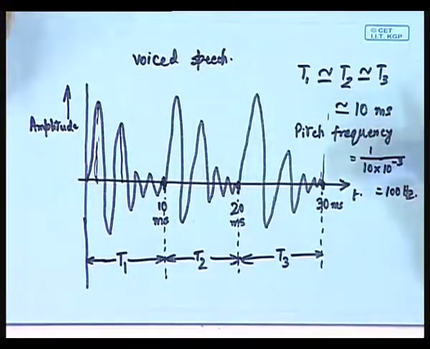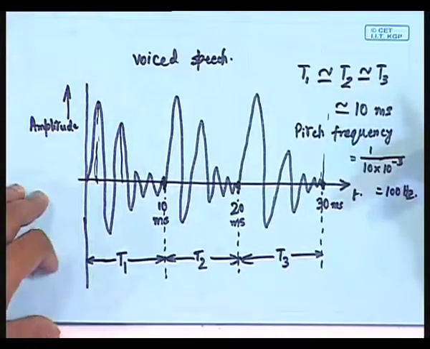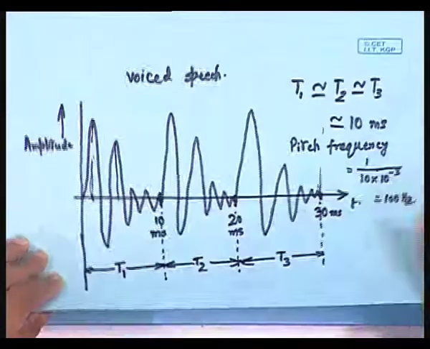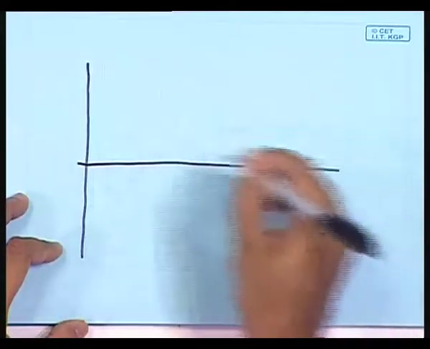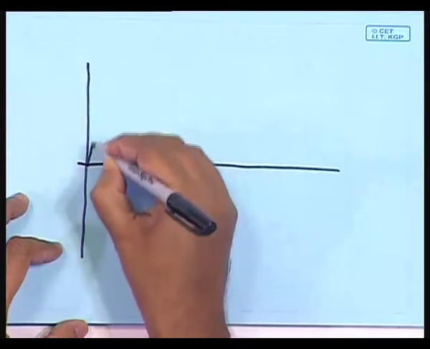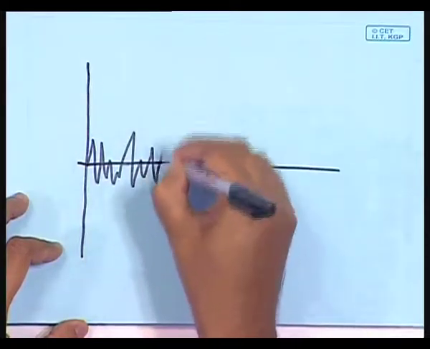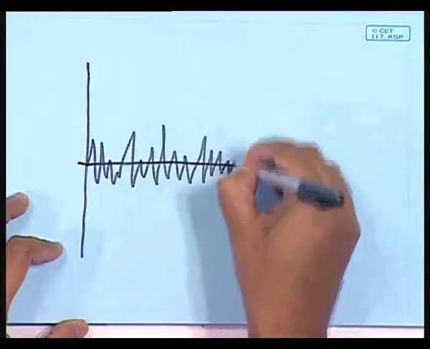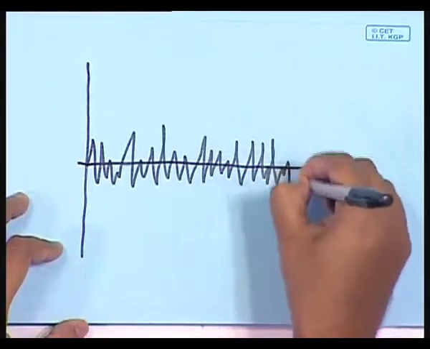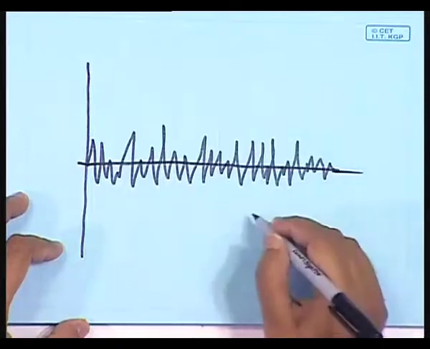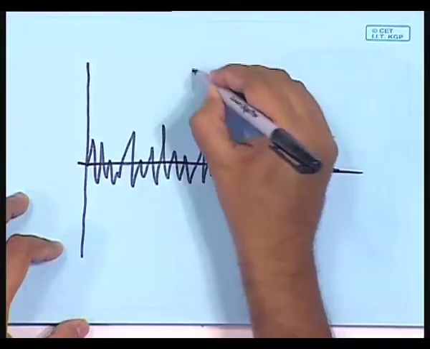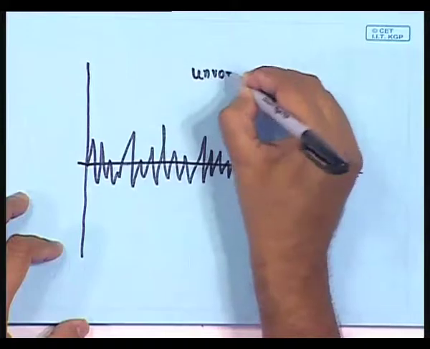So this is what we have for the voiced speech, whereas for the unvoiced speech the waveform would look something like noise. We will be having no regular pattern. The signal could be something like random noise. So this is for the unvoiced speech.